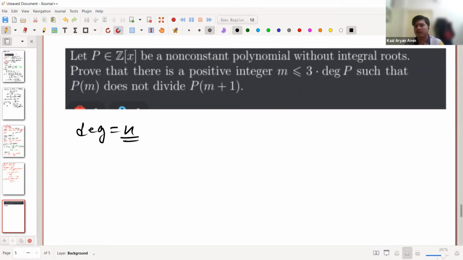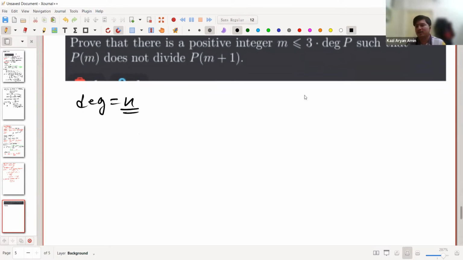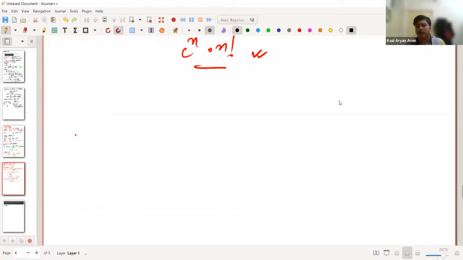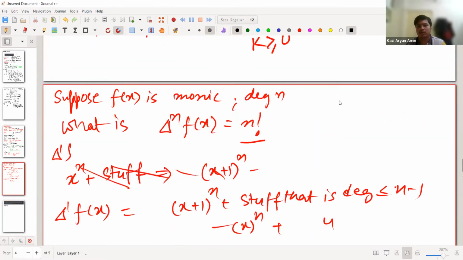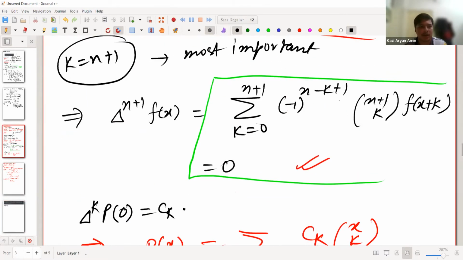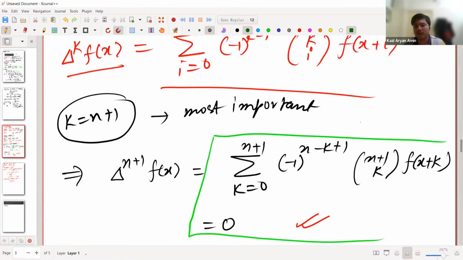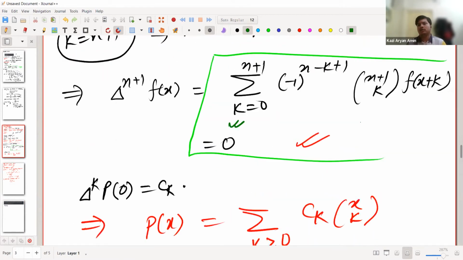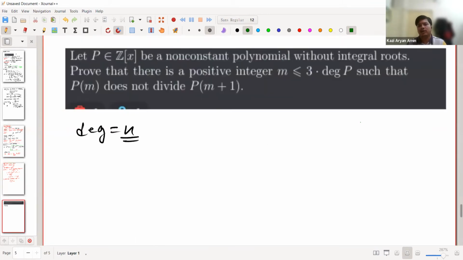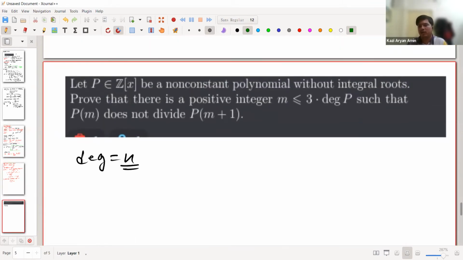So I kind of get done with the problem quickly. This problem basically very quickly falls apart after you use this idea, when you do the n+1 finite difference. First of all, the problem statement will obviously proceed by contradiction.